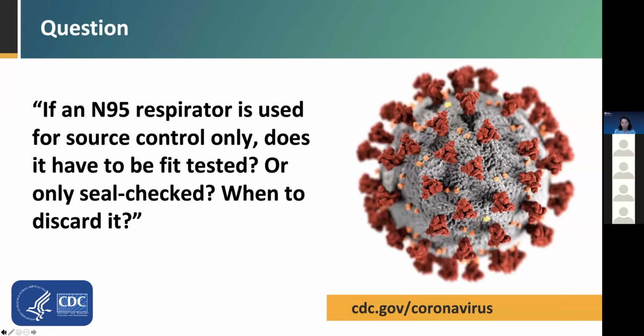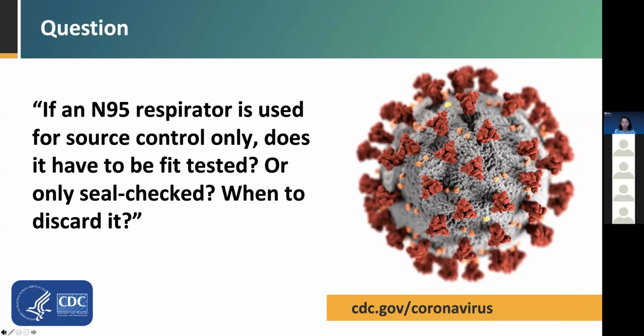And that as a part of that, you've been medically cleared, trained, and fit tested to use that respirator. The point of the fit test is that it ensures that the respirator is fitting correctly and that it is seated correctly on your face so that when you breathe in, the air is going through the filter rather than being pulled around the sides of the respirator and not being filtered.